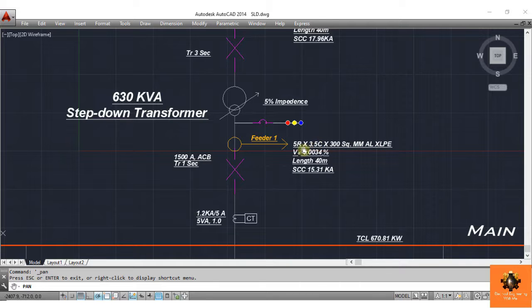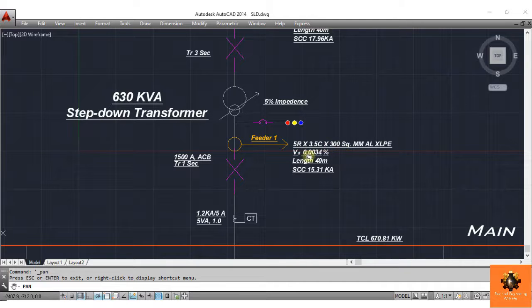Okay, 5 runs means we require 5 cables of the same size to feed the total load, or in other words, to carry the power from here to here, we require 5 cables of 3.5 cores of 300 square mm. Clear?